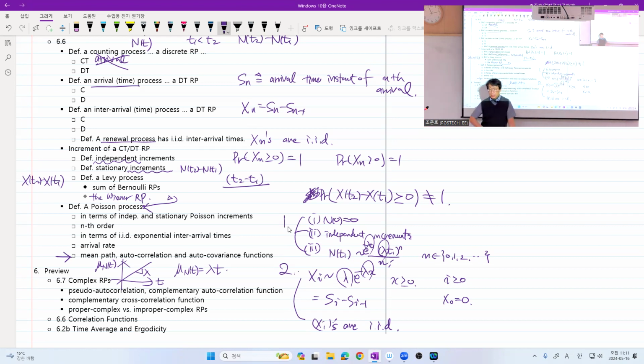So lambda has unit in per second or hertz if you want. Okay. And again here, X has unit time in seconds because it represents inter-arrival time.